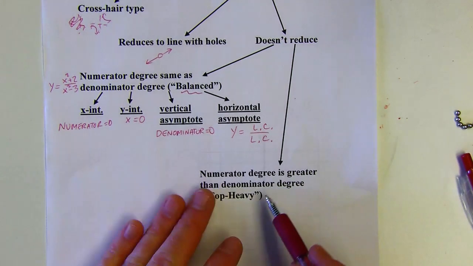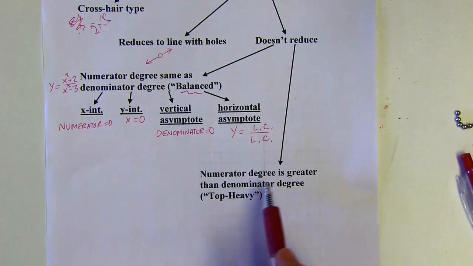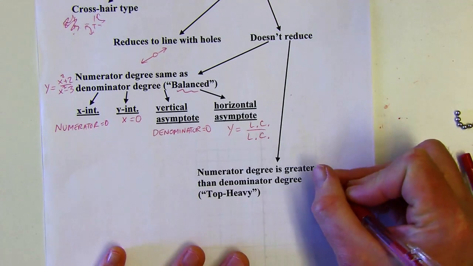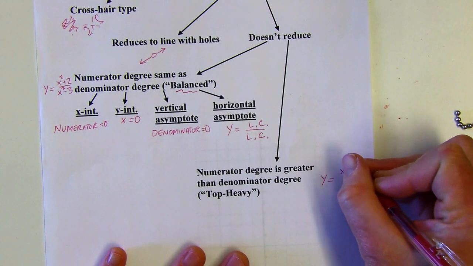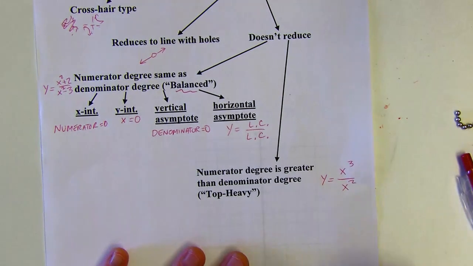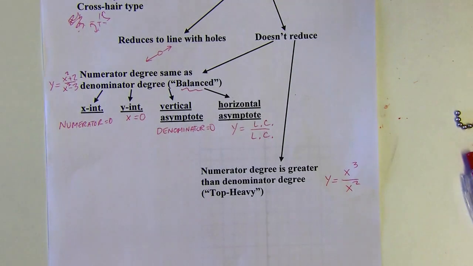And then when the degree of the numerator is greater than the degree of the denominator, you could call that top heavy, it might look something like this. If I had x to the third over x squared, something like that, right? The degree on the top is bigger than the degree on the bottom. That's top heavy, okay?